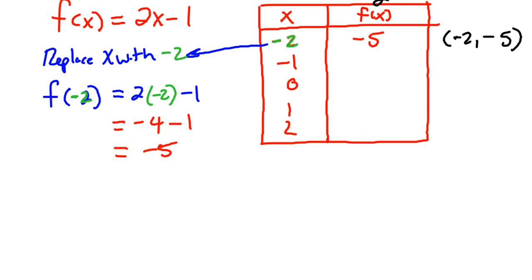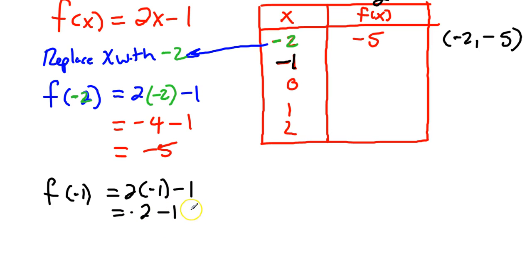Okay, and then just keep repeating the same process. This time it's going to be f of negative 1. So everywhere you've got x, take out the x and replace it with negative 1. So you've got 2 times negative 1 for negative 2. Minus 1 would make it negative 3.